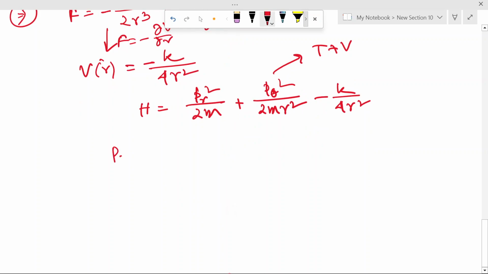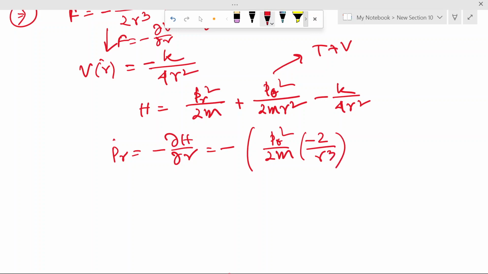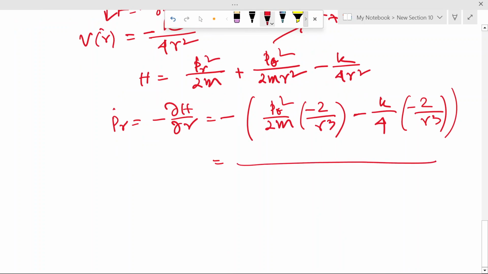So what is your pr dot then? It is equal to minus del H del r. Del H del r will be what? For p theta square by 2m into 1 by r square, the derivative is minus 2 by r cube. Then minus k by 4 into minus 2 by r cube again. You can take the minus sign inside and write 2m r cube.